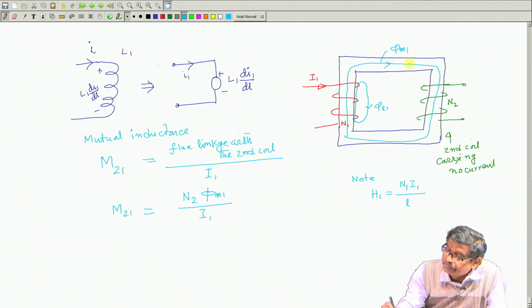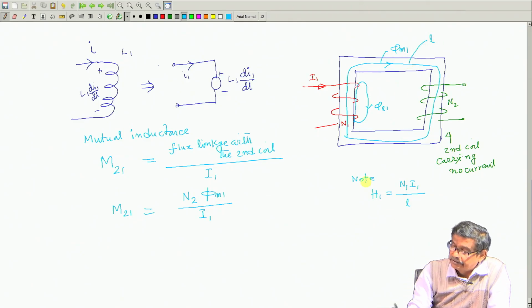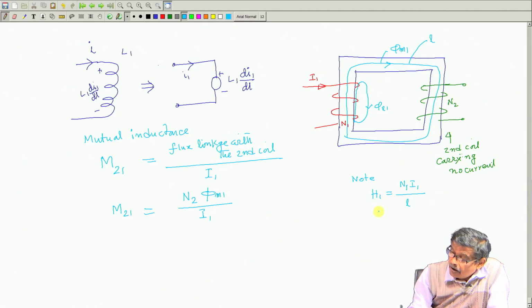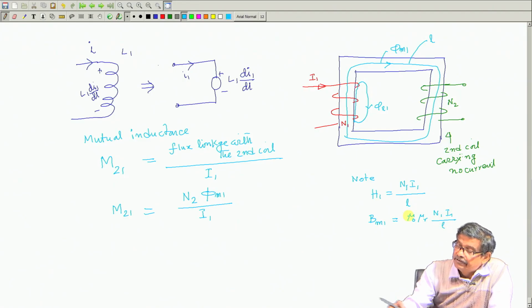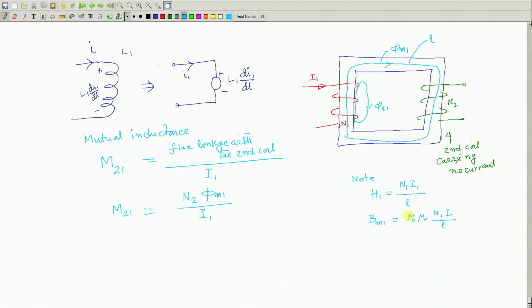L is the average length of the flux path. We know this H1. How much will be Bm1? It will be mu 0 mu r into N1 I1 by L, where L is the length of the mutual flux path. So, this will be this.